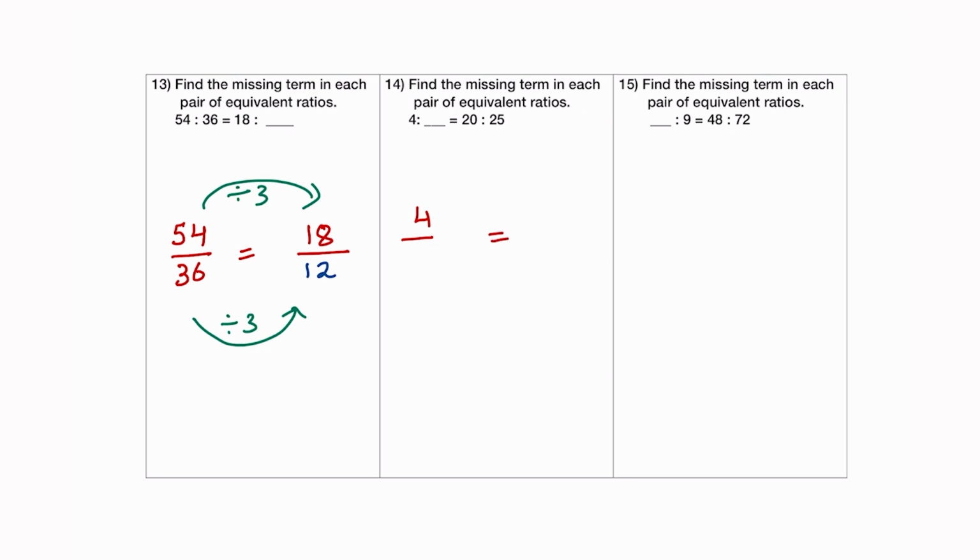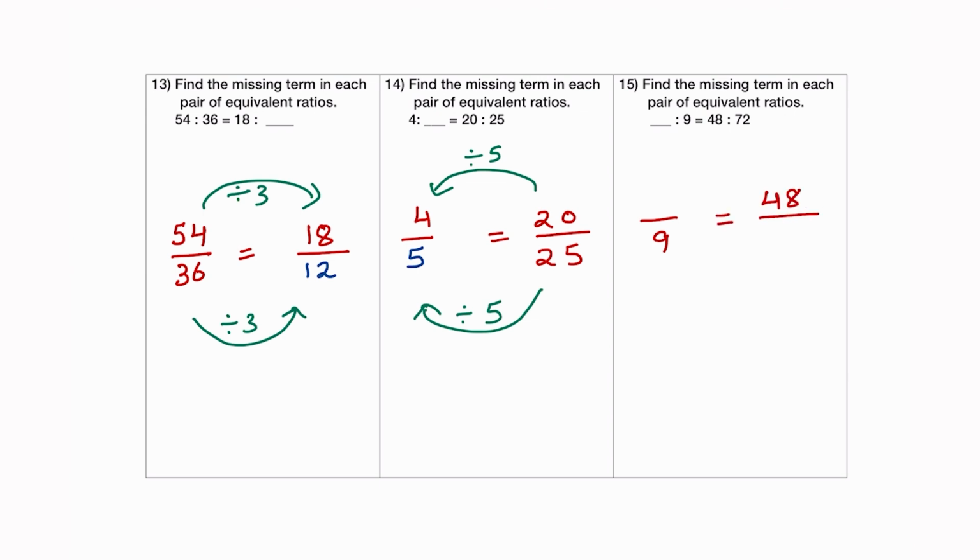4 over something equals 20 over 25. 20 to 4 is divide by 5. So we do the same thing here. Divide by 5. So 25 divided by 5 is 5. Something over 9 equals 48 over 72.